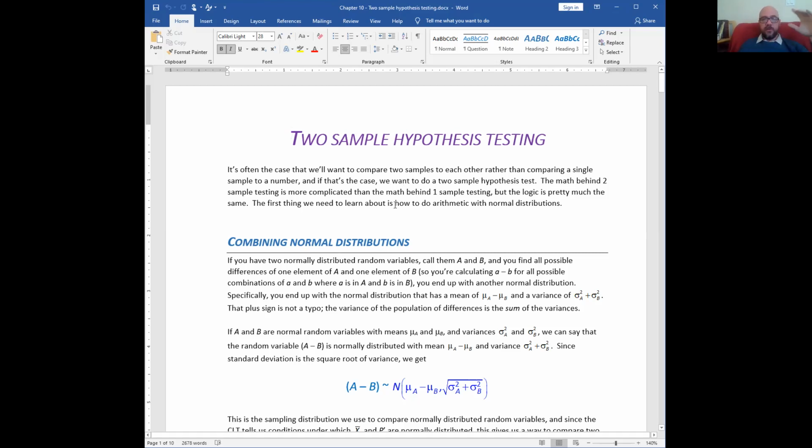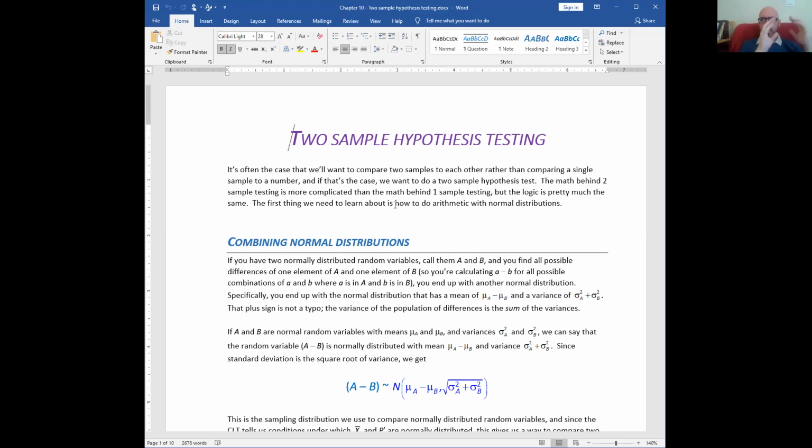I want to start off by explaining the basis for how the formulas are going to work, because this is a bit of a complication. In each sample, you have variance. You're not comparing how far away a sample is from some hypothesized number where you can just subtract.